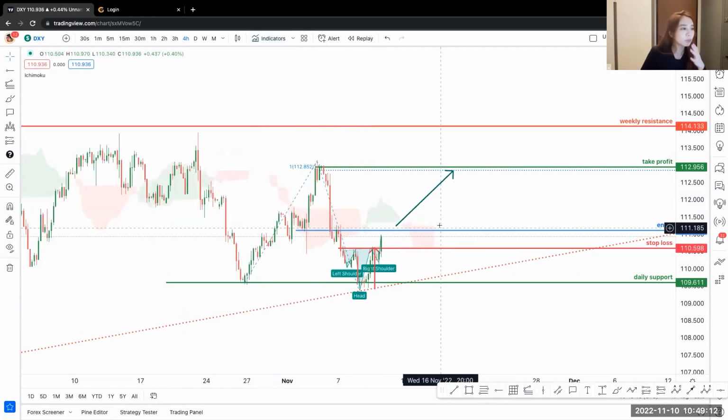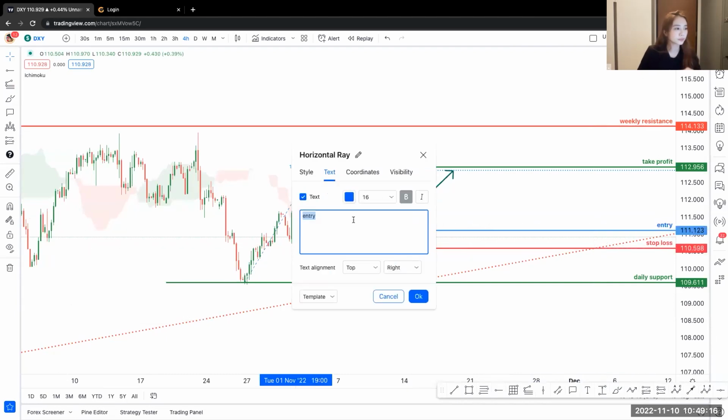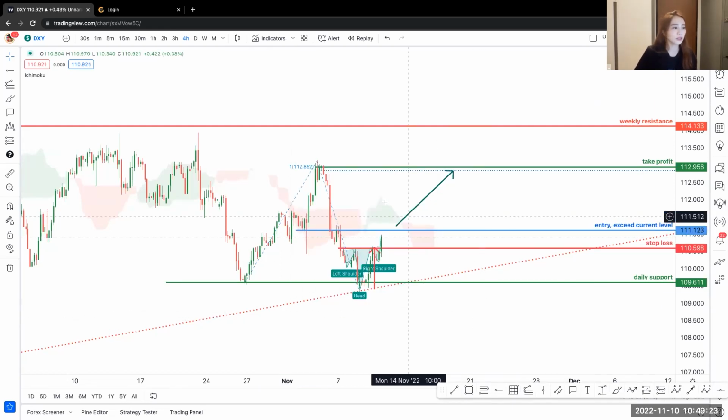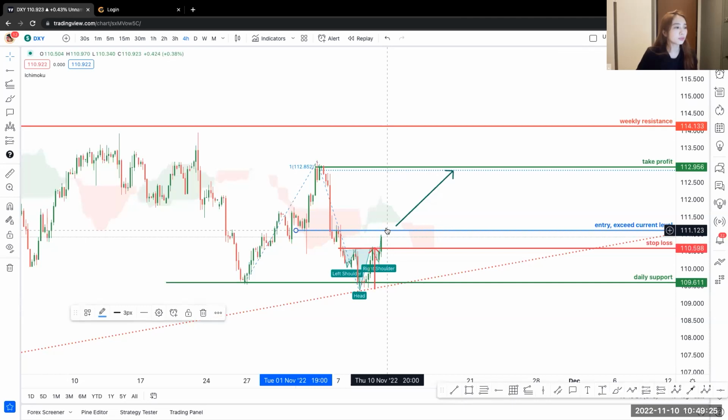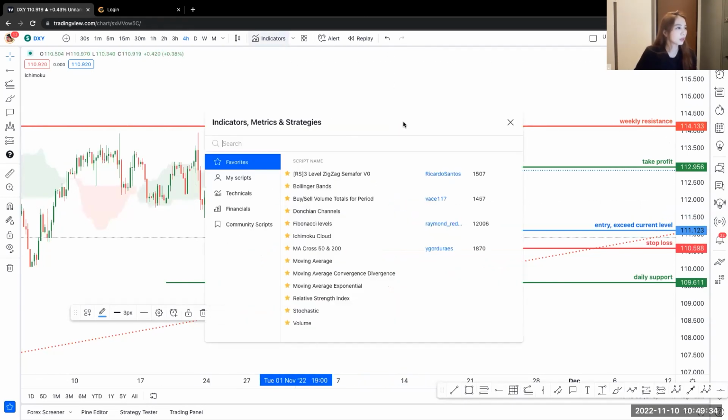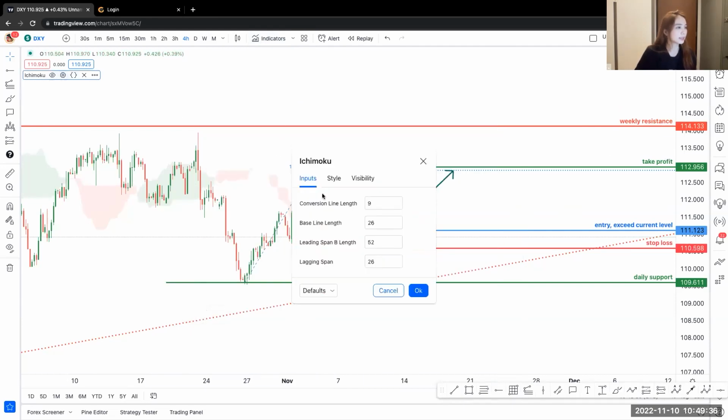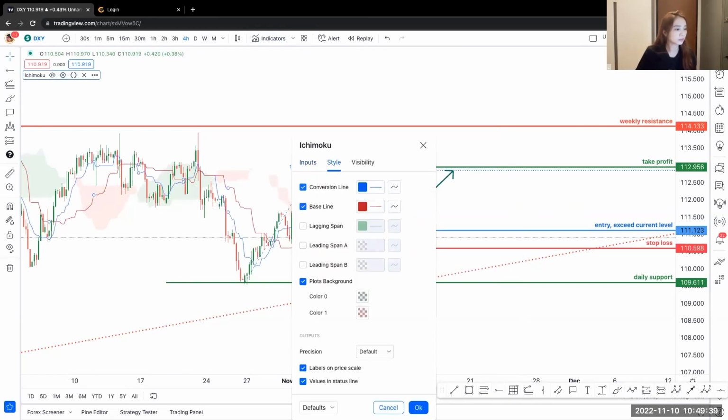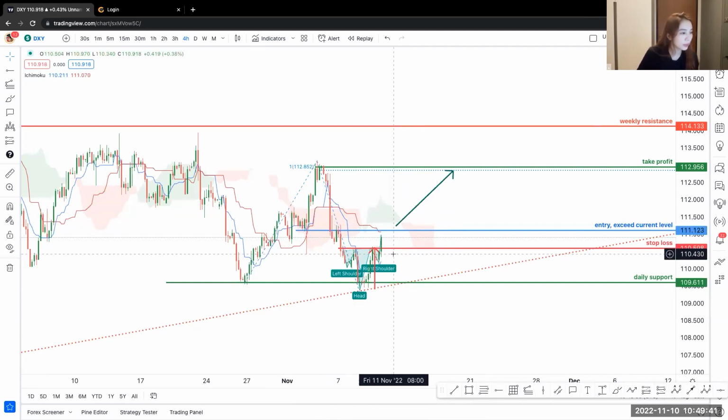The reason why I want the price to exceed 111.23 is for the price to get into the Ichimoku cloud, and best if it is able to exceed the Ichimoku cloud. Let's take out the conversion line and the baseline. We are waiting for the conversion line and baseline to cross first.